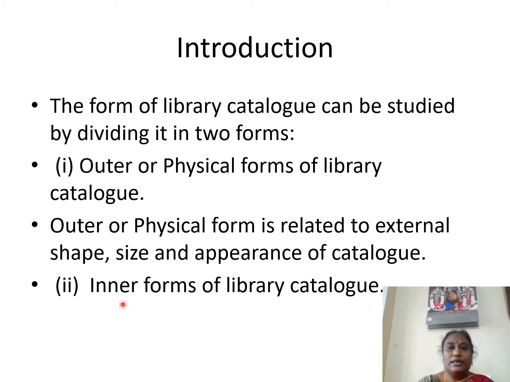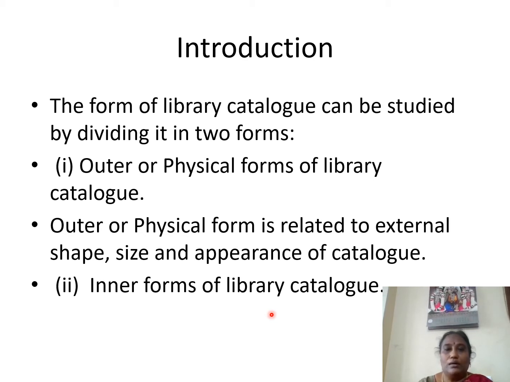And the second form is the inner form of library catalog. There are various types of inner forms available, like author catalog, title catalog, subject catalog. The inner form shows the construction and the arrangement of the catalog.